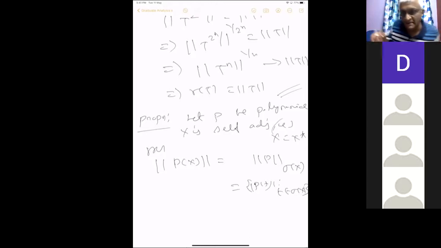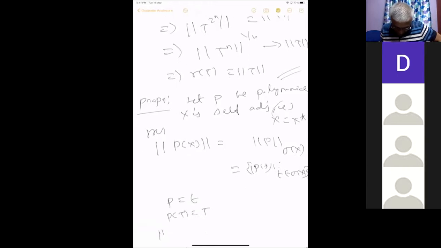If you take p equal to t itself, this monomial, then p of any normal element t is just t itself, right? Then the norm of that p is nothing but the spectral radius of t, and that is the same as norm t. That's what we have proved for normal elements.